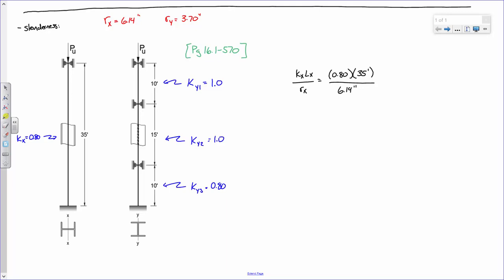Why are you shaking your head no? That's exactly right. This is in feet, this is in inches. So what does this come out to be?